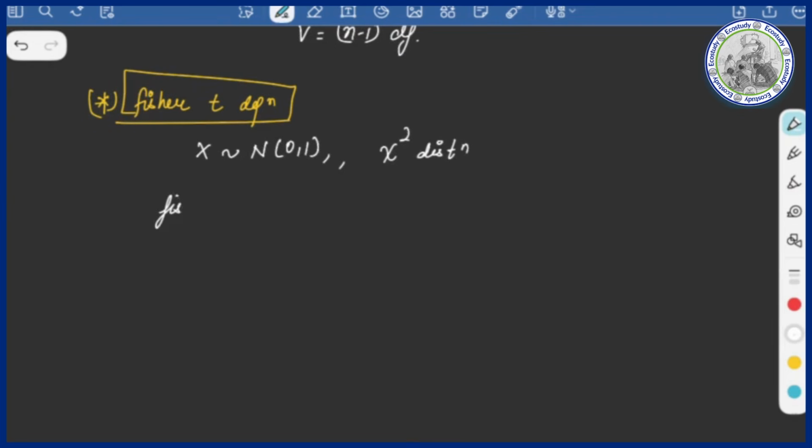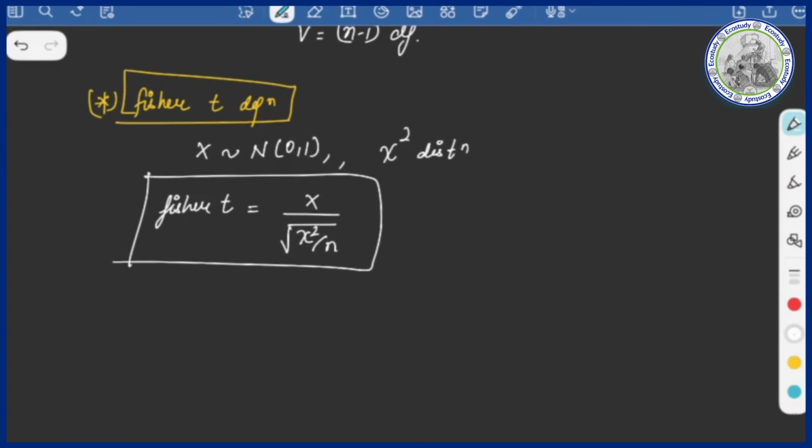Then the Fisher T can be defined as x upon the square root of chi-square upon n degrees of freedom. So this is the Fisher T distribution. What is the Fisher T distribution? It is a ratio of the standard normal variate upon the square root of a chi-square distribution divided by its n degrees of freedom. That is what the Fisher distribution is.